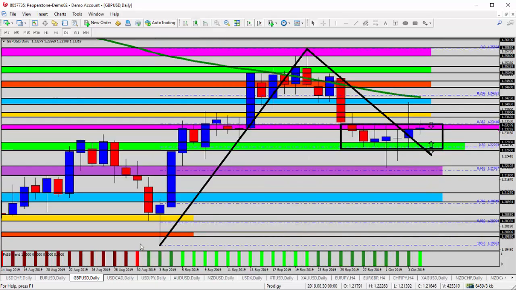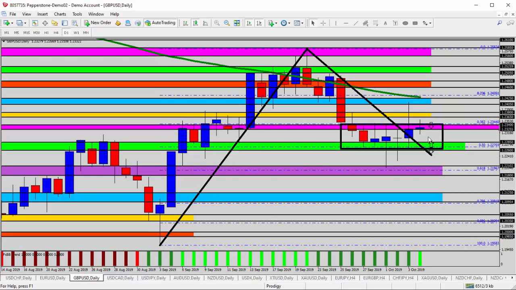Something else about this, Fibonacci from the low to high of the previous uptrend, where the black trend line is here. Measuring that with Fibonacci, the 0.382 Fibonacci retracement level sits at 123.44. That's the top of the pink zone. We're holding underneath there as resistance on the daily time frame. So everything here, if you look at it solely on the daily time frame, tells us that we're at resistance at the pink zone under the 382.